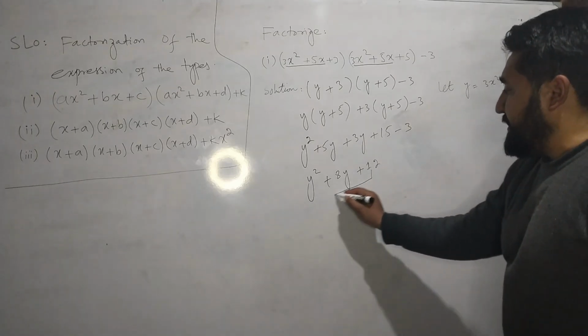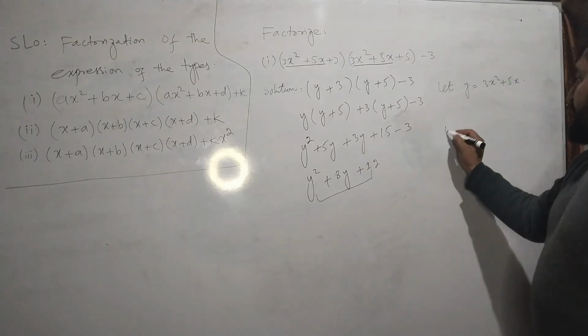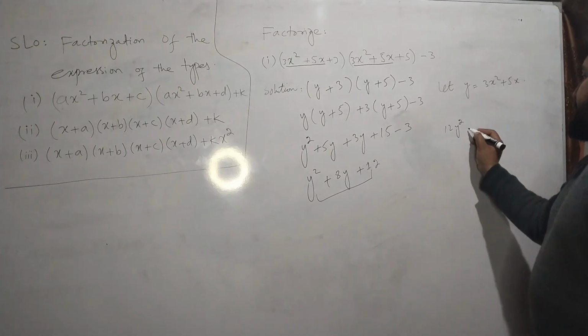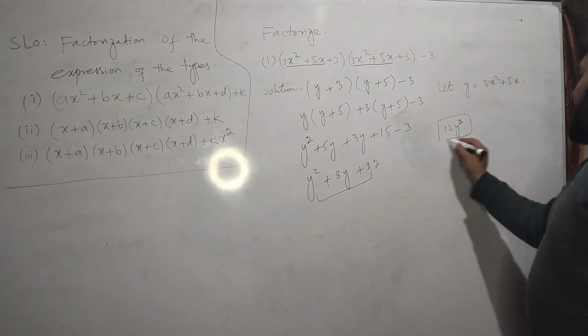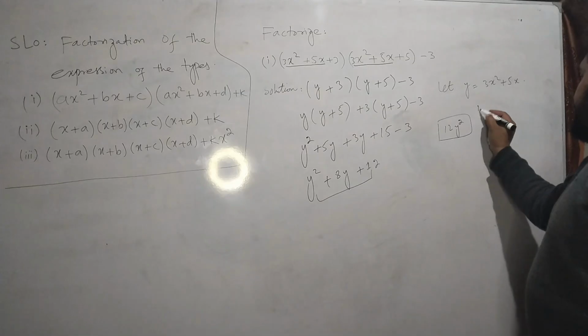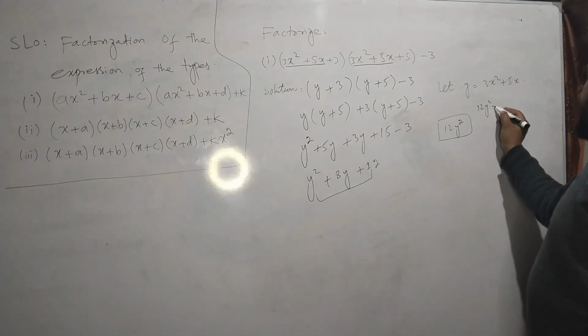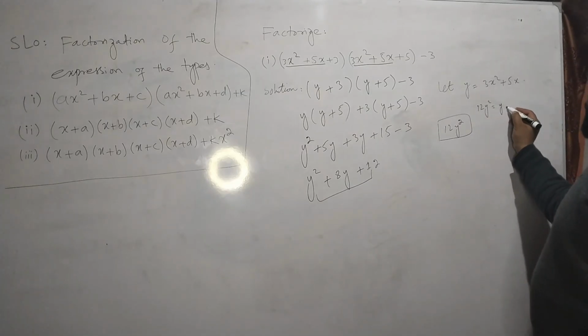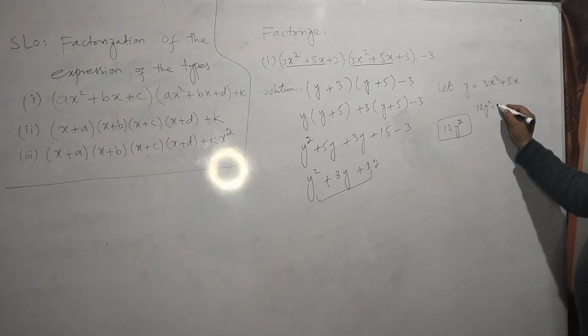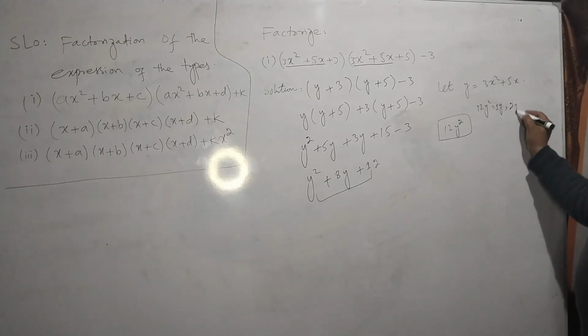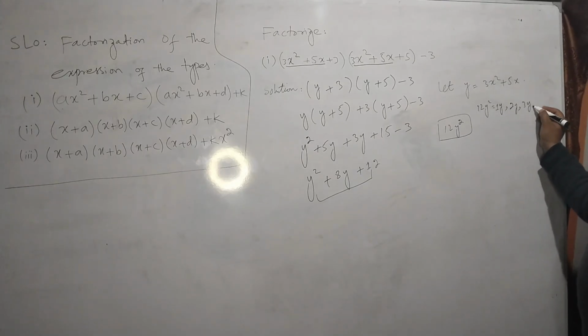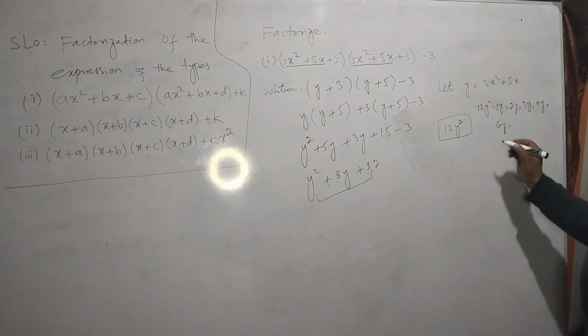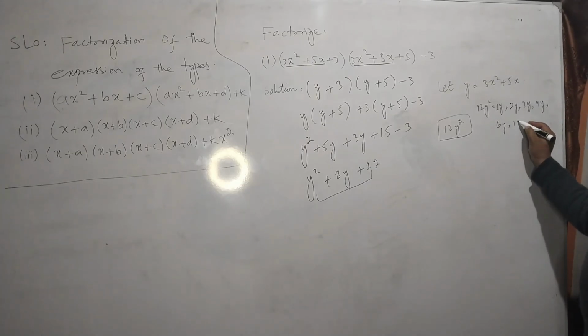In the middle term break, we just multiply these two, that is 12y square. Just factors of 12y square: y, 1y, 2y, 3y, 4y, 6y and 12y.